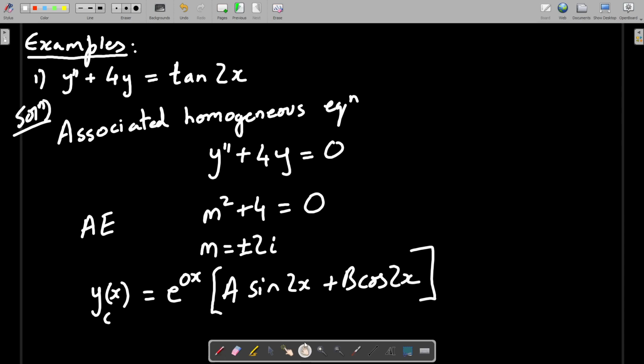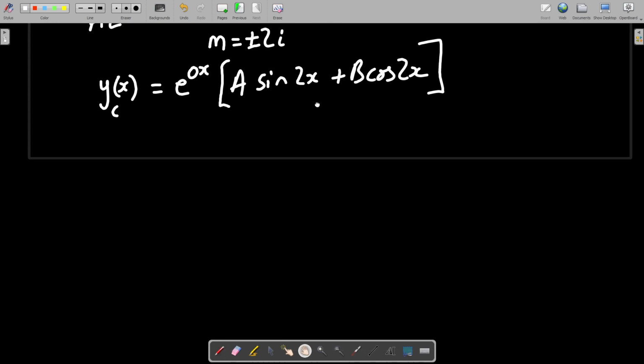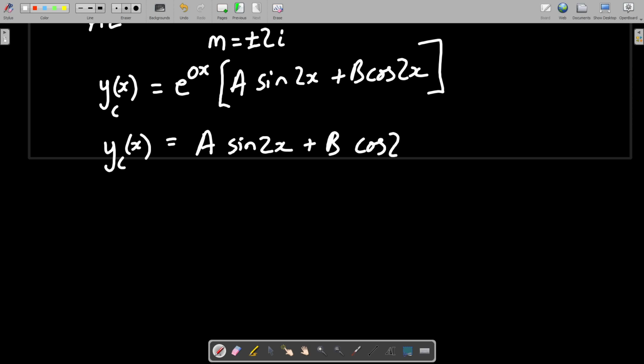So this simplifies down, e raised to 0 will become 1 only, so a sin 2x plus b cos 2x. Okay, so this is the complementary function. So who are your two solutions now? Two linearly independent solutions will be sin 2x and cos 2x.